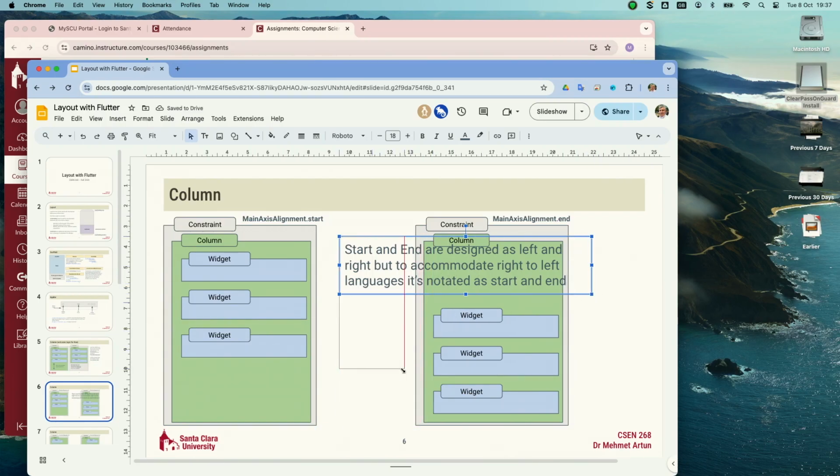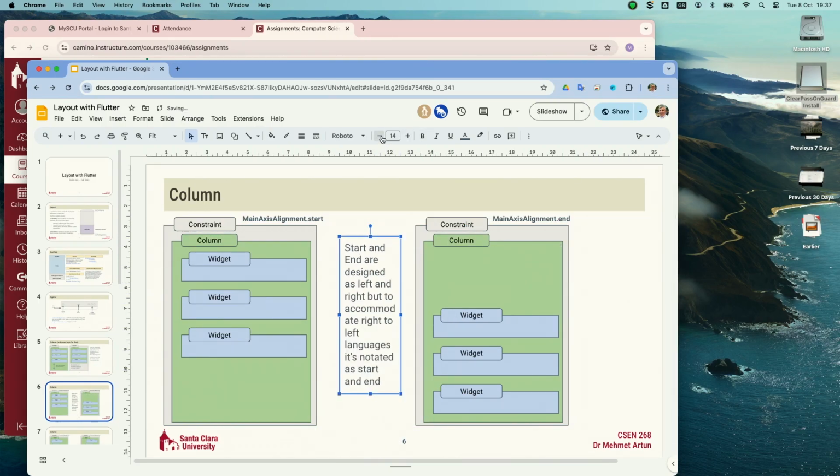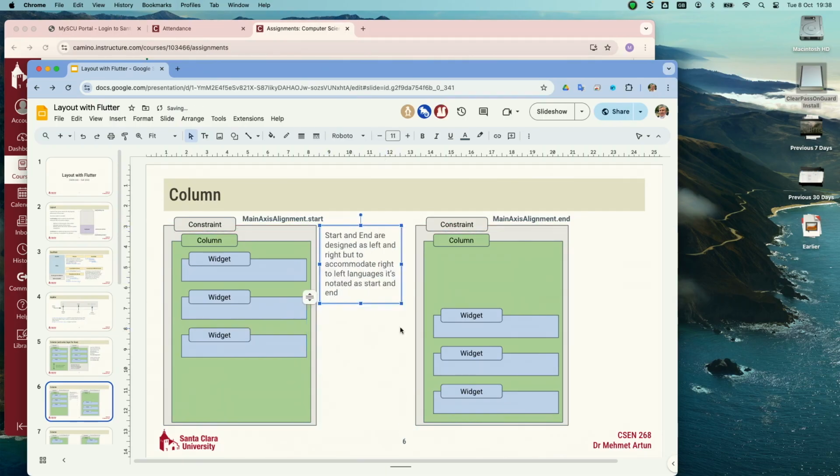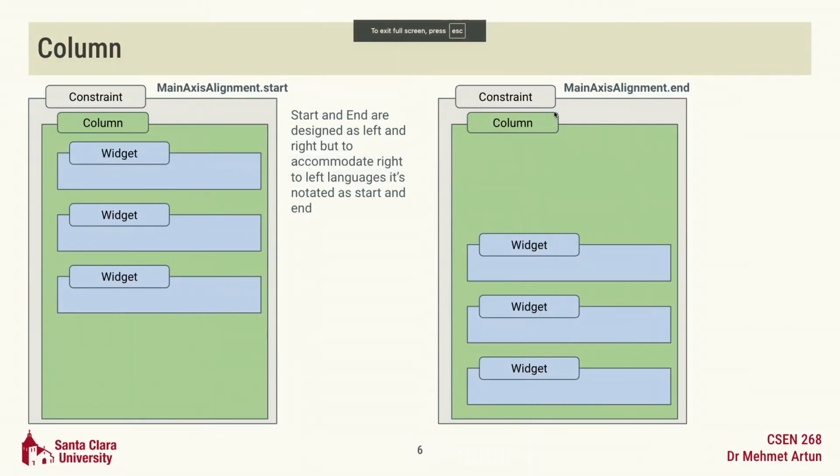Does this explanation make sense to you, what I wrote here, or shall I explain? For languages like Arabic, the language is written from right to left. So for Arabic text, the right is the start, and the left is the end. But for Latin text, it's vice versa.